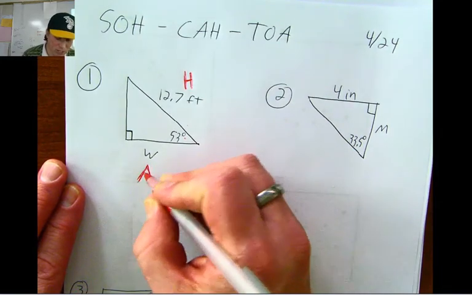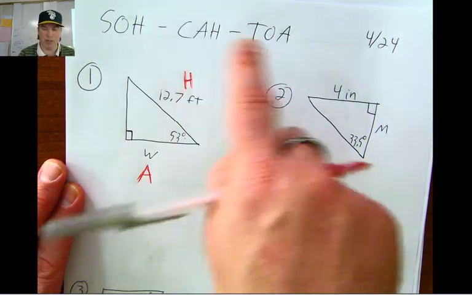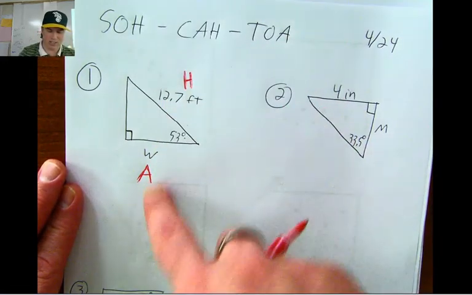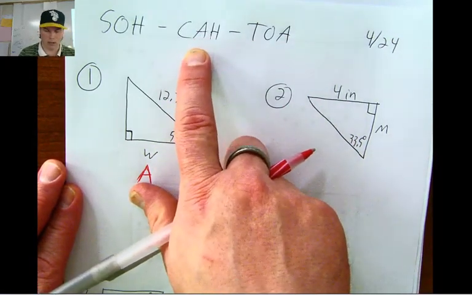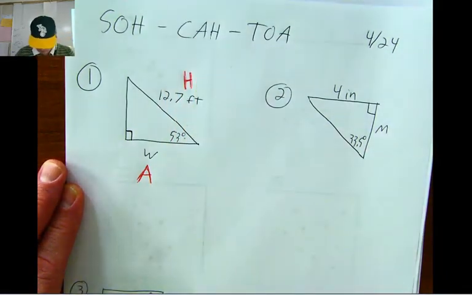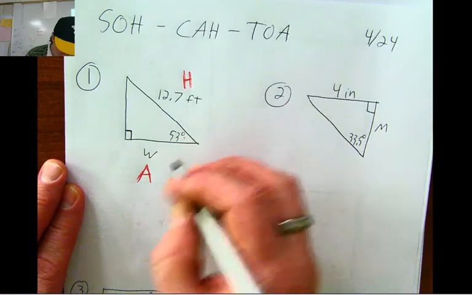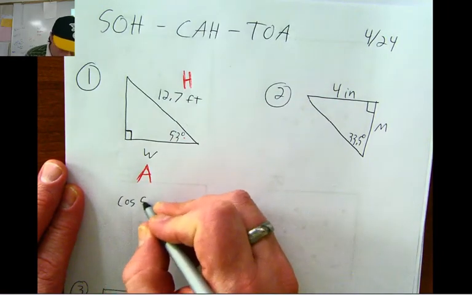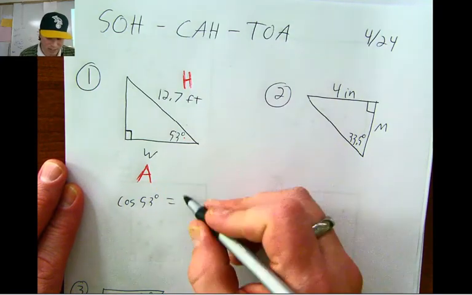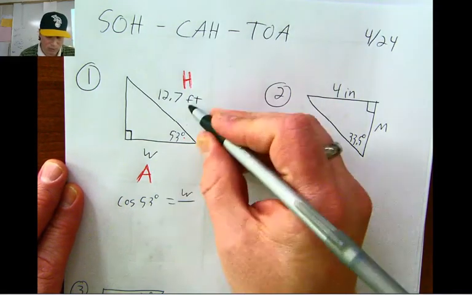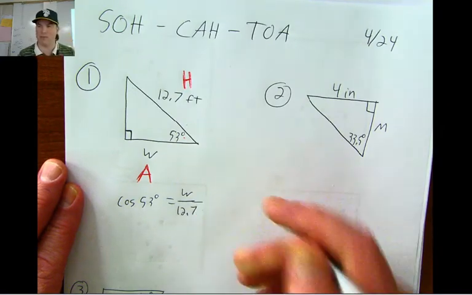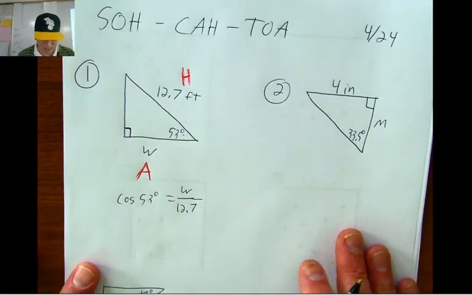So which of these three rules covers hypotenuse and adjacent? That's cosine. Cosine is equal to adjacent over hypotenuse. So we write our equation: cosine 53 degrees equals the adjacent W over the hypotenuse, 12.7 feet. We're just going to use 12.7.